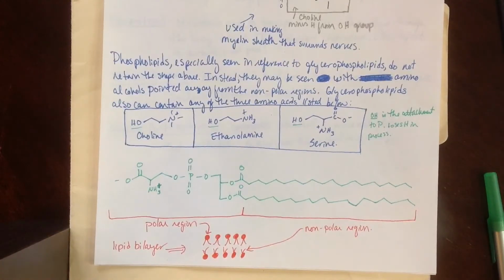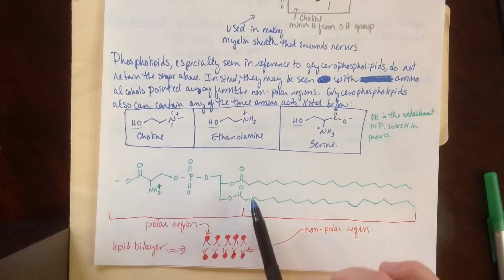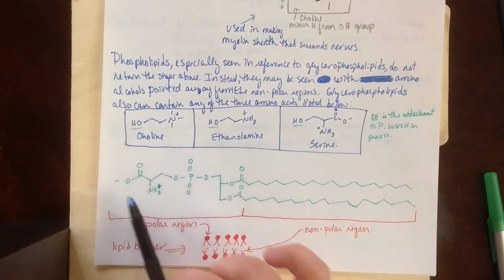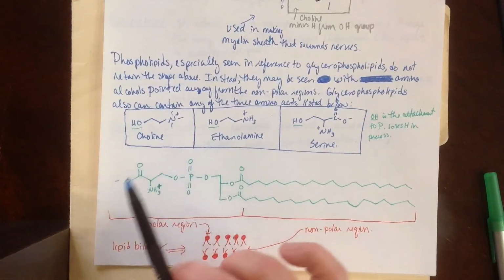Well, isn't it cool? This is what makes up your cell membranes. And that's what creates, you've probably heard of a lipid bilayer, right? So we have a lipid bilayer, we have the polar region, that's all this stuff right here, right? That's what sticks out into the wateriness of your body.